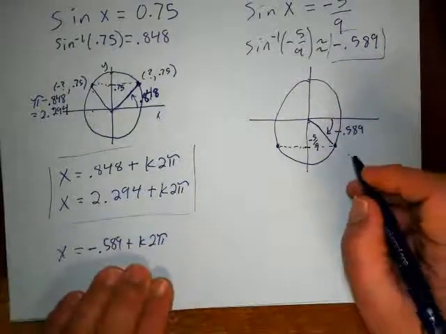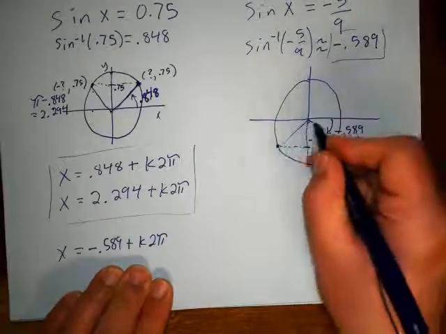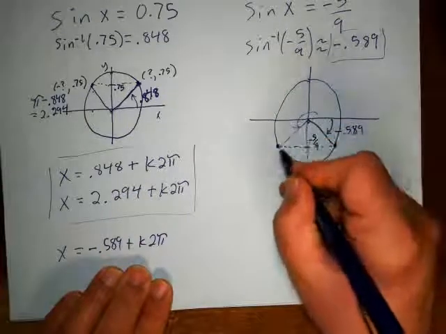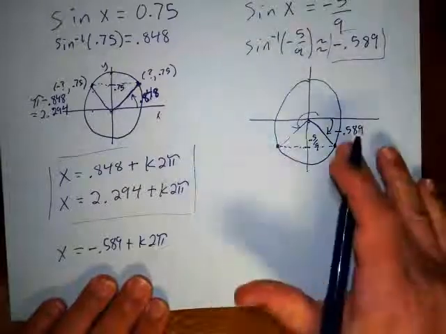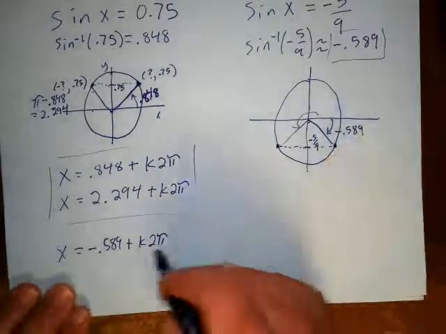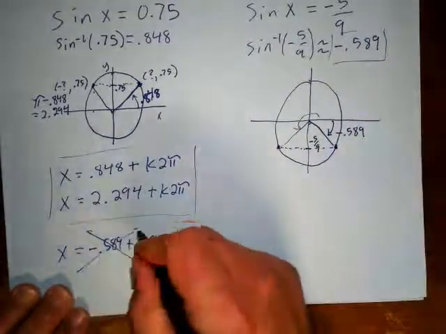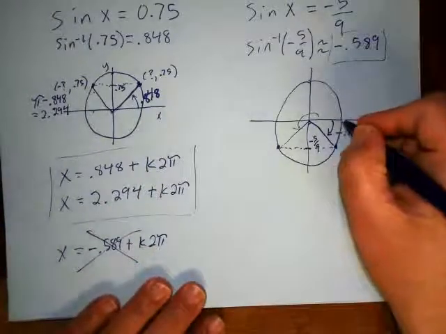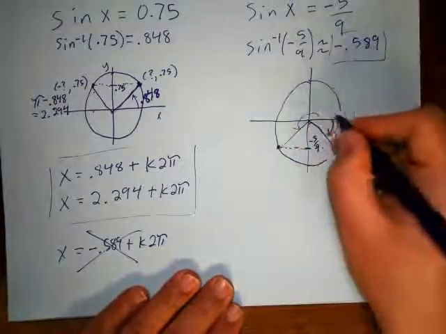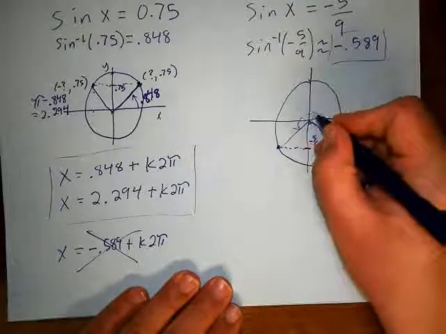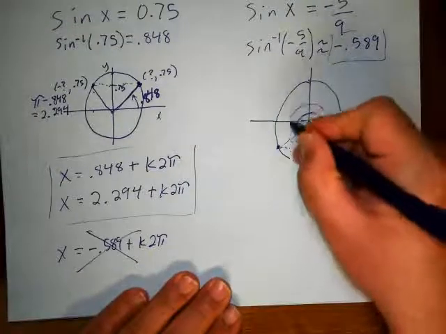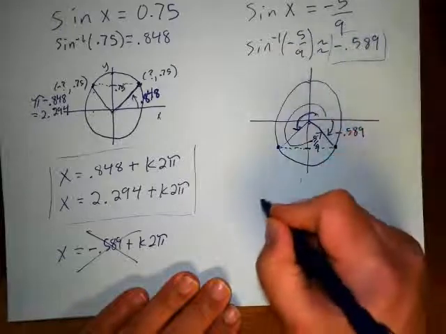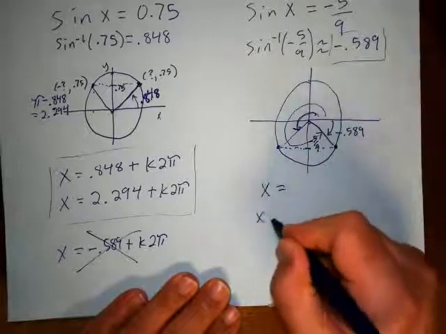If you did it this way and then you found this angle over here and added that one, that would be fine. You wouldn't get it wrong. But you know what? I have OCD and I like to get the angles between 0 and 2 pi. So I like to get this angle and I like to get that angle. And then I like to put them in that order.